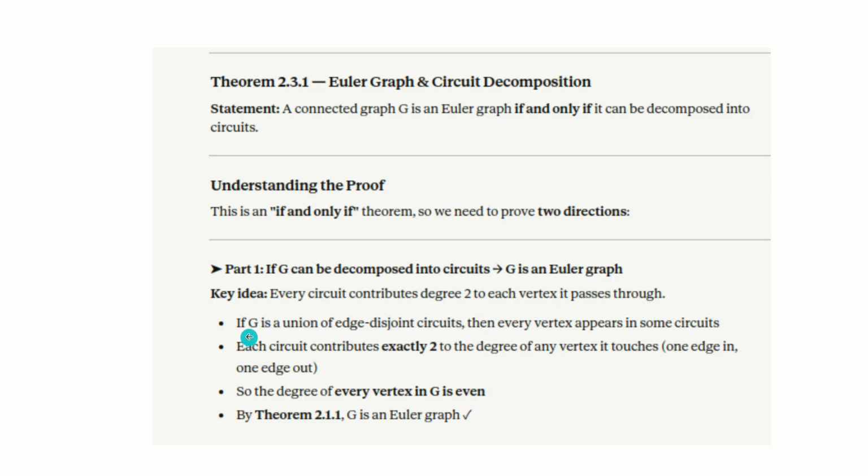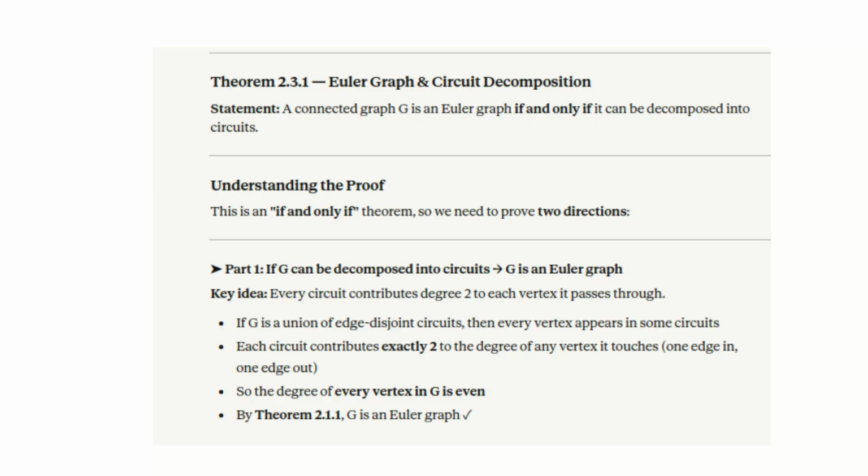So let's say G is a union of its disjoint circuits; we have said that G is decomposed into circuits. If it is decomposed into circuits, these circuits have no edge in common. If, say, it is decomposed into 3 circuits, these 3 circuits would not have any edge common. That is what decomposition of a graph means.